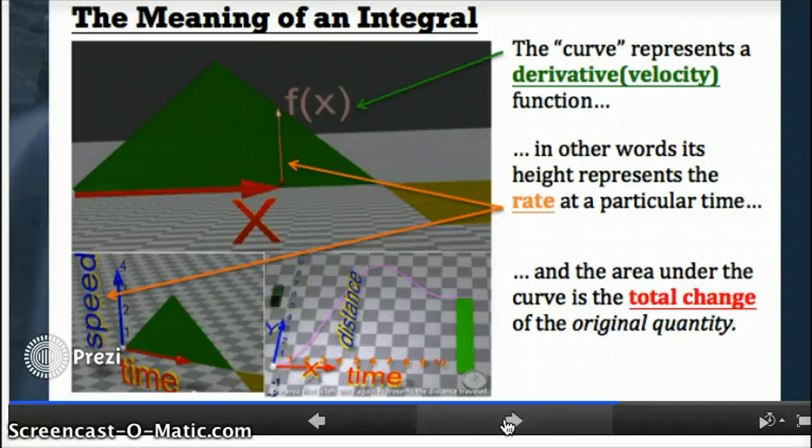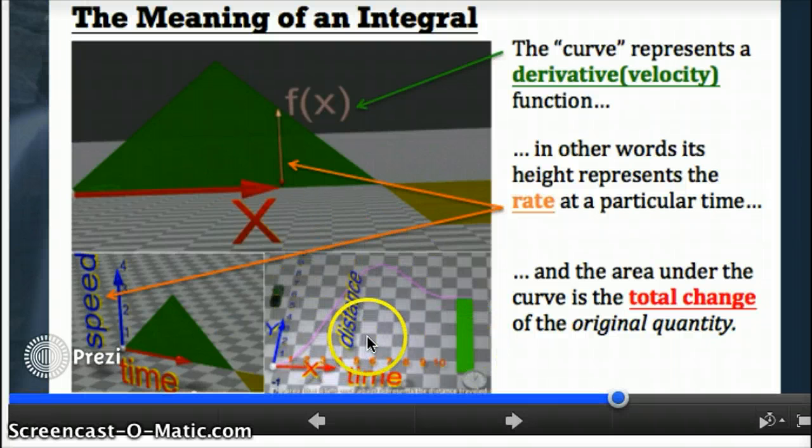To put it differently, this is the example that you saw in the Techno video that I really liked. In this example, the curve was the derivative function, the velocity, the shape of it. And at any given time, the height of that curve represented speed, which is a rate. But when we calculated the area in total, and they showed you by taking these chunks of area down here to the original graph, the area under the curve turned out to be the total distance, which is the total change in the original function.